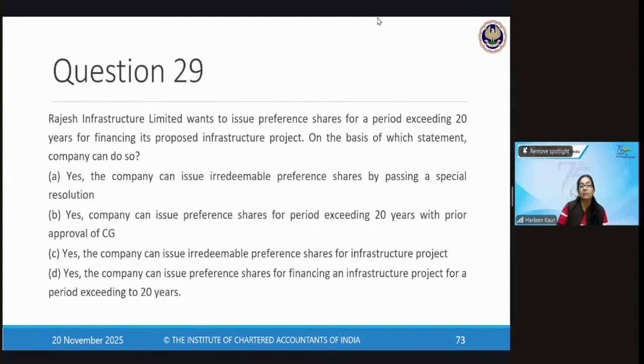आप ही ने तो मुझे बताया था. तो फिर ये इरिडीमेबल की तो कभी कोई बात ही नहीं हुई थी, ना ही सीजी की अप्रूवल की बात थी. तो फोर्थ इज द करेक्ट ऑप्शन. Yes, company can issue for financing for a period exceeding 20 years.